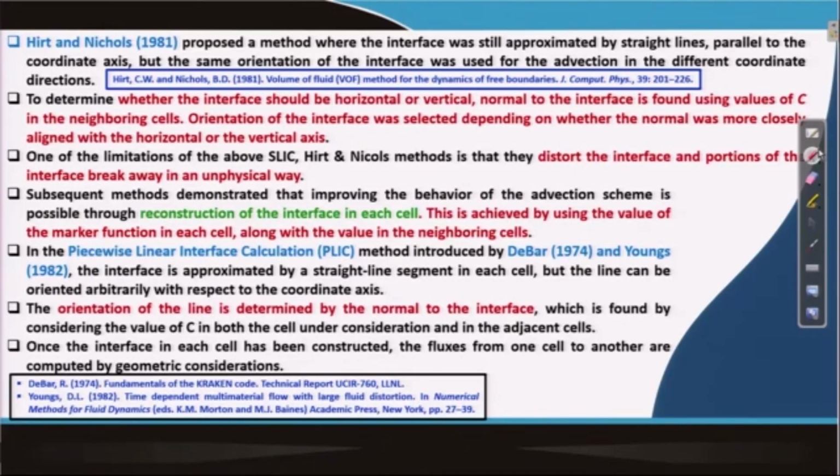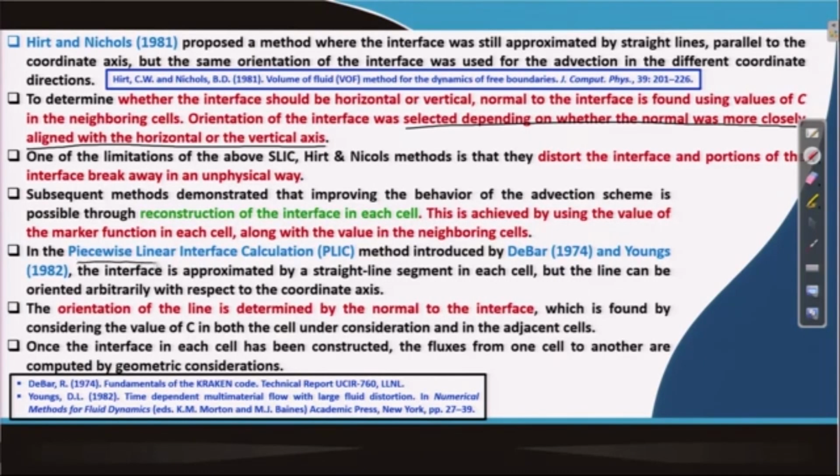But in the Hurt and Nichols scheme, they used one particular orientation only to do the flux calculations along different directions. And how was that direction chosen? They selected based on whether the normal to the color function front at that point was lying closer to vertical or closer to horizontal. Based on that, they chose how to orient the interface.